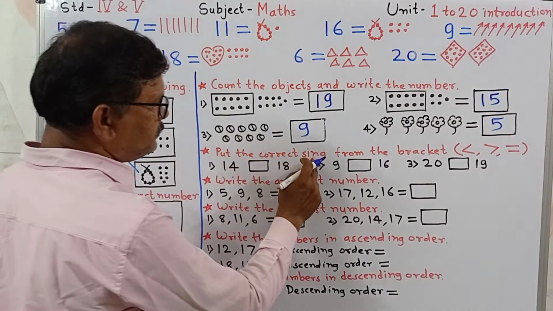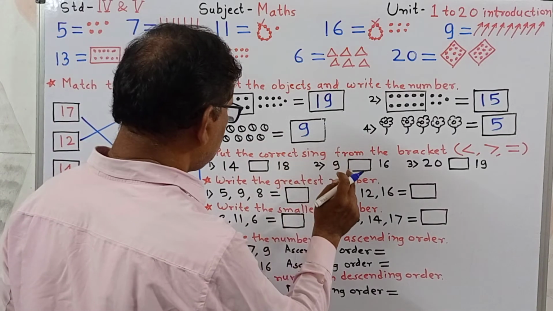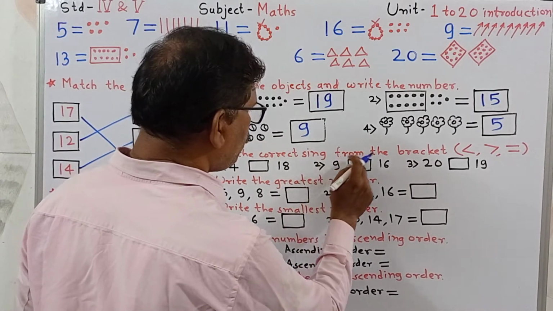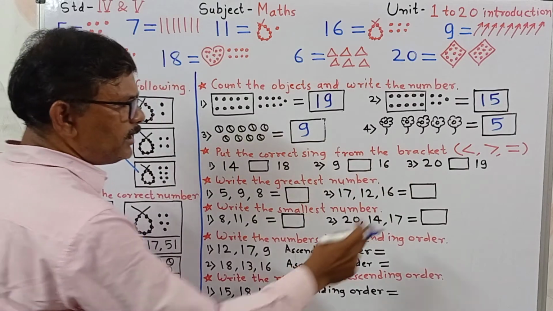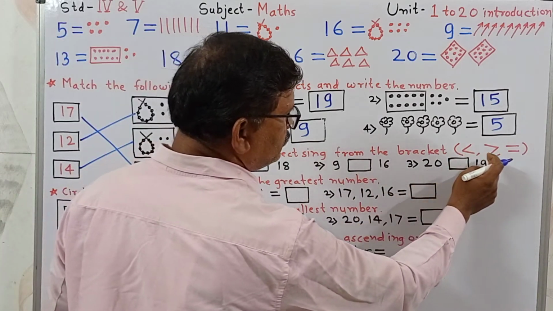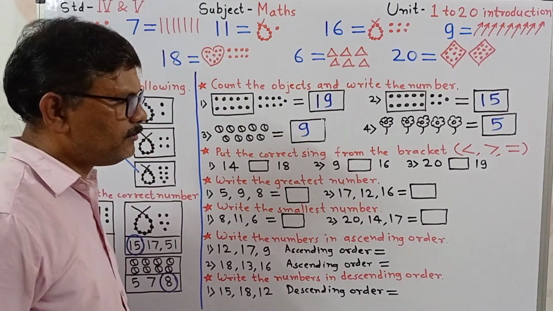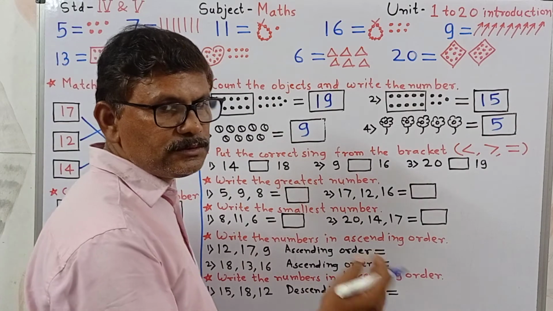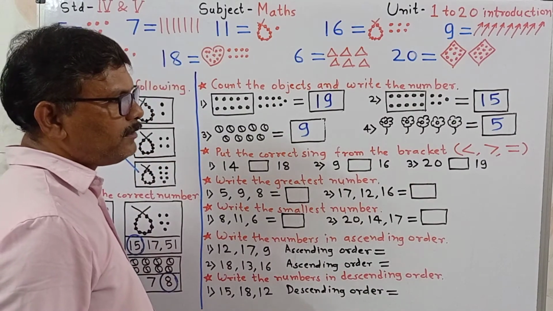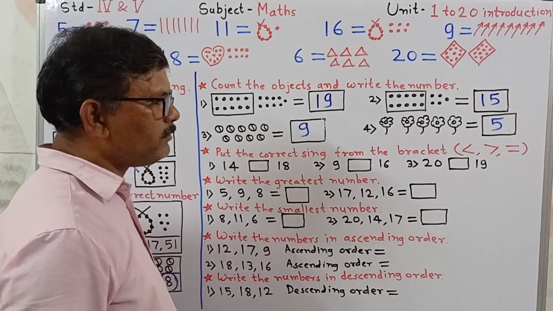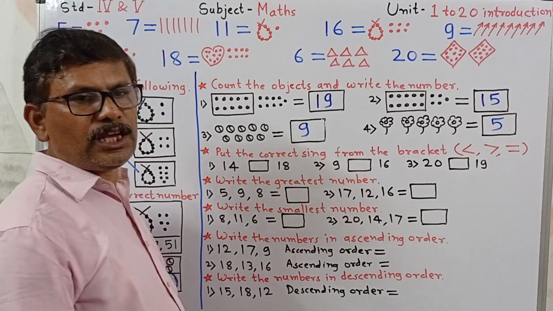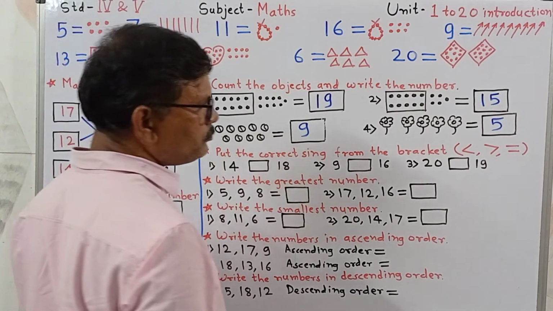Put the correct sign from the bracket. Here is the bracket and in the bracket there are 3 signs. One is less than, second is more than, and this is equal to.